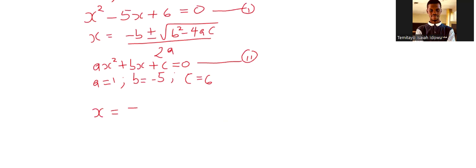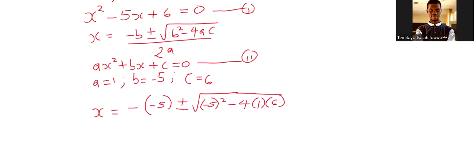Minus 5 plus or minus square root of, what is the value of our b? We have minus 5 all squared minus 4. The value of our a is 1, and the value of our c now is 6. Okay, the square root covers everything, and all over our 2a, our a is 1.